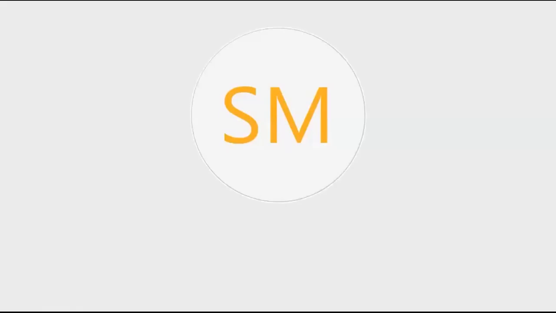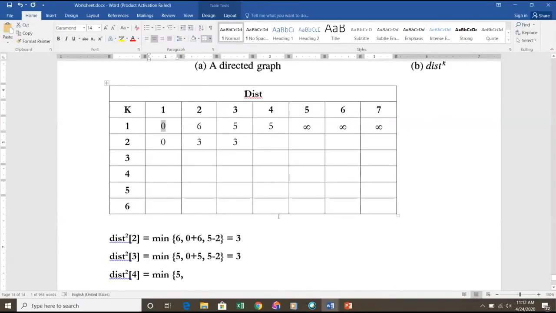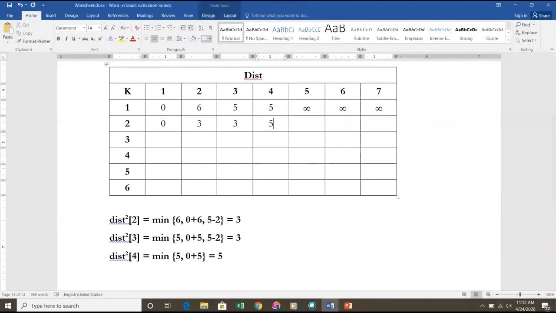This edge is incident, starting from vertex number 1. There is only 1. What is the cost of 1 in the previous step? It is 0. 0 plus what is the cost of the edge? It is 5, so 0 plus 5. Since there is only one edge, you can write the answer here directly. It is 5. Minimum is 5 itself. There is no change in that.